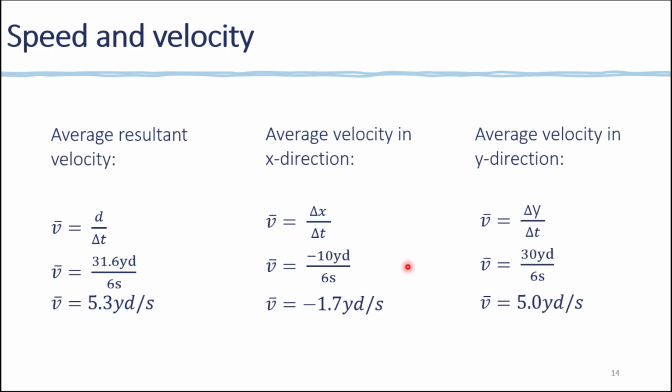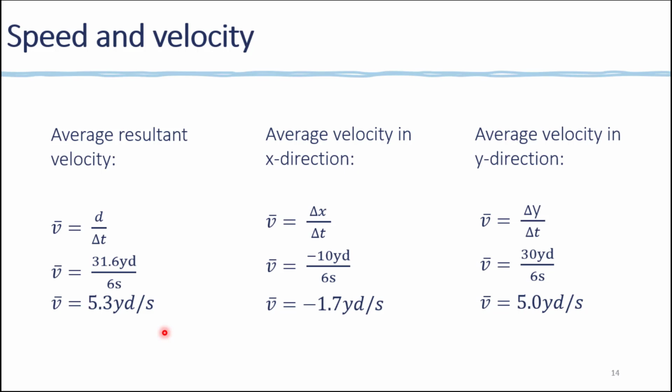And this is what the calculation would look like. On the left-hand side, we have the average resultant velocity of the displacement. So this is what we measured here, the 31.6 yards as the displacement over the interval of time that that displacement occurred, which was 6 seconds. If we divide that displacement by the amount of time, then we would get a velocity of 5.3 yards per second in the direction of the resultant.